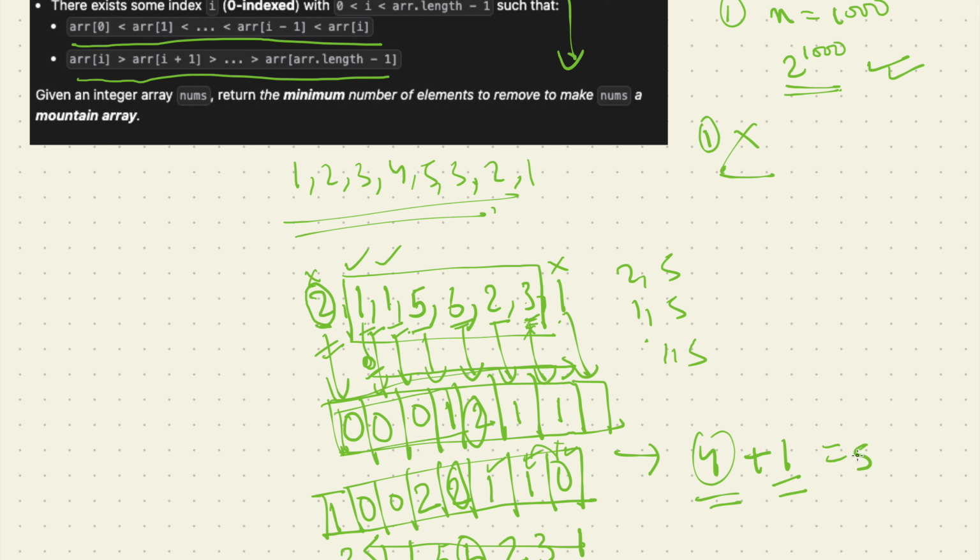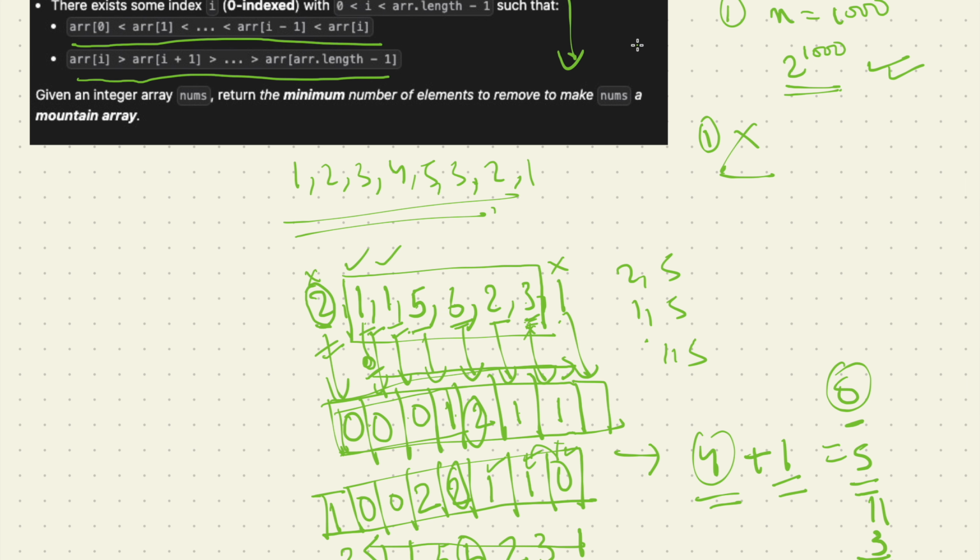So the maximum length of the mountain array is 5. And what was the original length? 8. So it's 8 minus 5 equals 3. So we need to remove 3 elements to make it a mountain array.